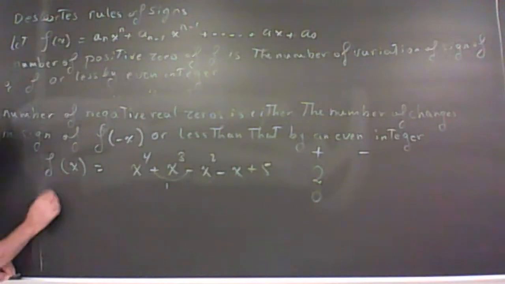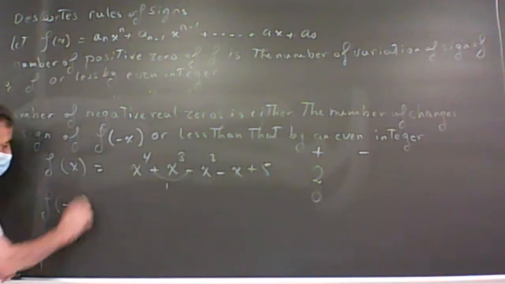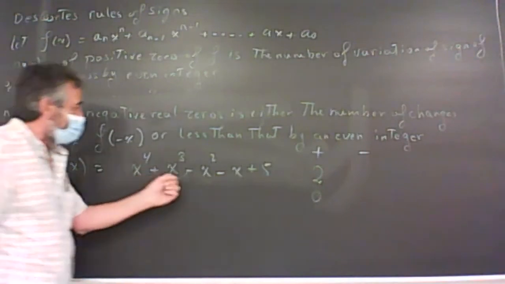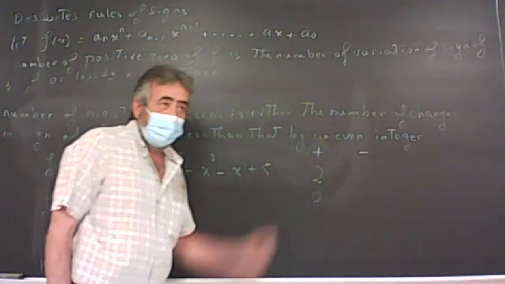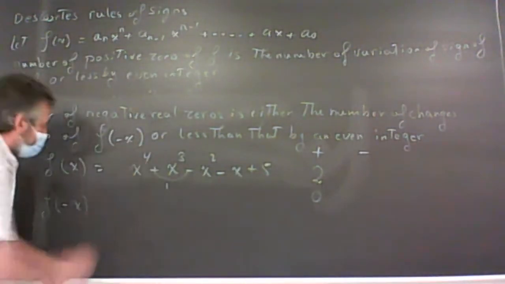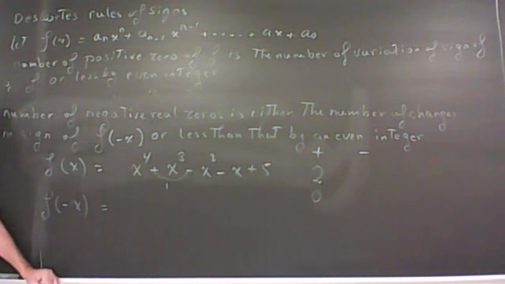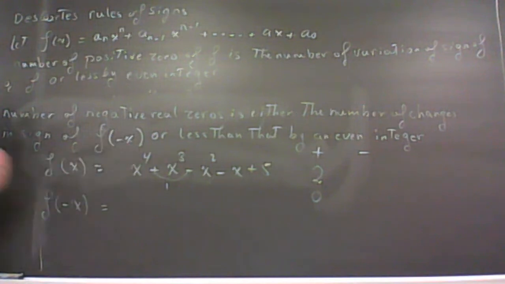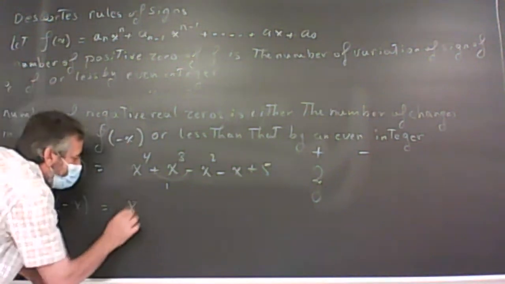So let's take a look at f of minus x now. With f of minus x, we replace x by minus x, and it's simple and easy. If the exponent on the x is even, I just leave it the same. I don't change it. So x to the 4th, for f of minus x, it stays x to the 4th.